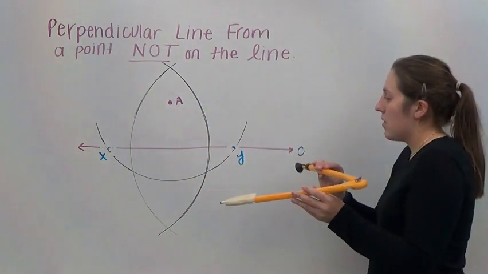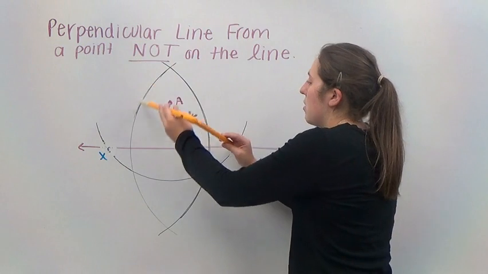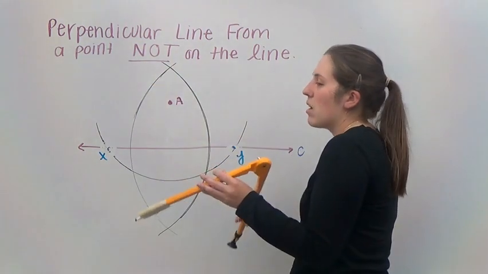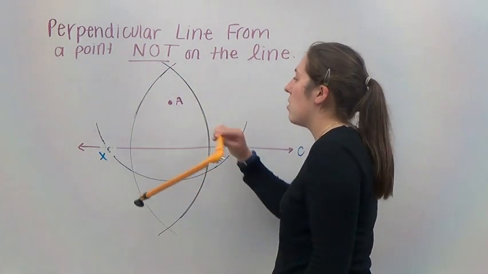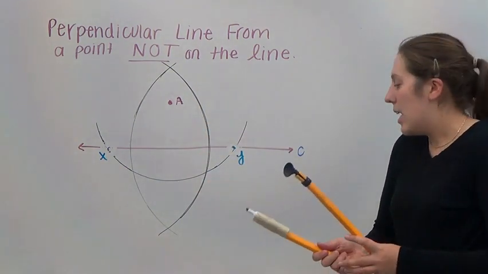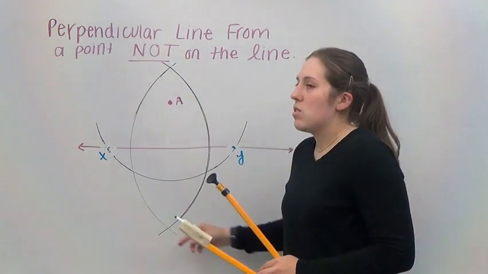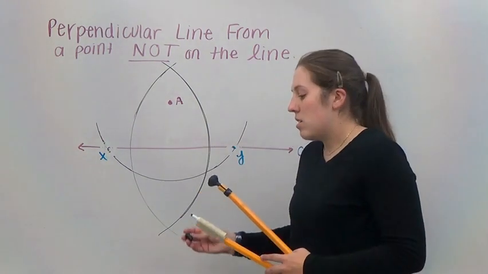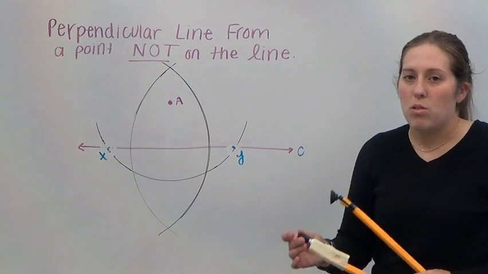Okay? And then you can lift it up. Again, all I did was put my needle point on Y and draw that arc. So you put your needle point on X, draw an arc a little bit past the point, and do the same thing with Y. And again, this all has to do with circles and their radii, and we will get to this further when we get to the circles unit.